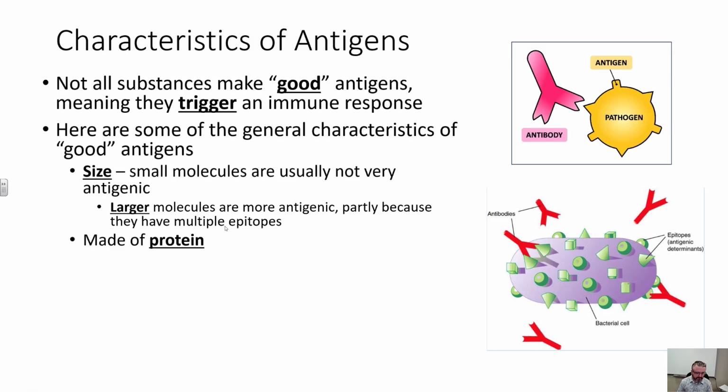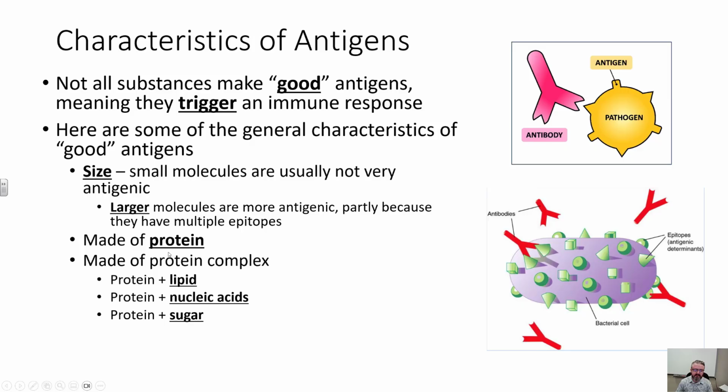Now, in terms of organic matter, what our body is responding to, most of these antigens are made of protein. That is by far the most common kind of substance that the body responds to. Now, other times the body can respond to combinations, protein and lipid, fat, protein and nucleic acid, like DNA or RNA, protein and sugar, things like carbohydrate.